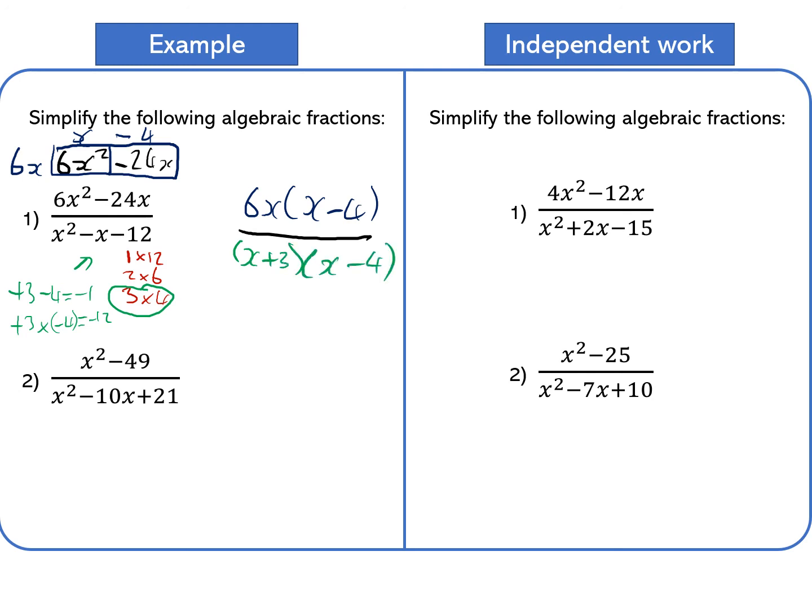What we can see is that x minus 4 can cancel, leaving me simply with 6x all divided by x plus 3.